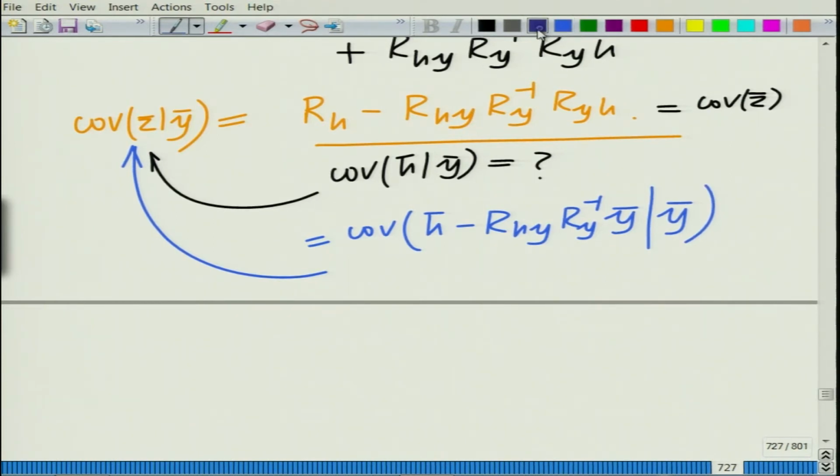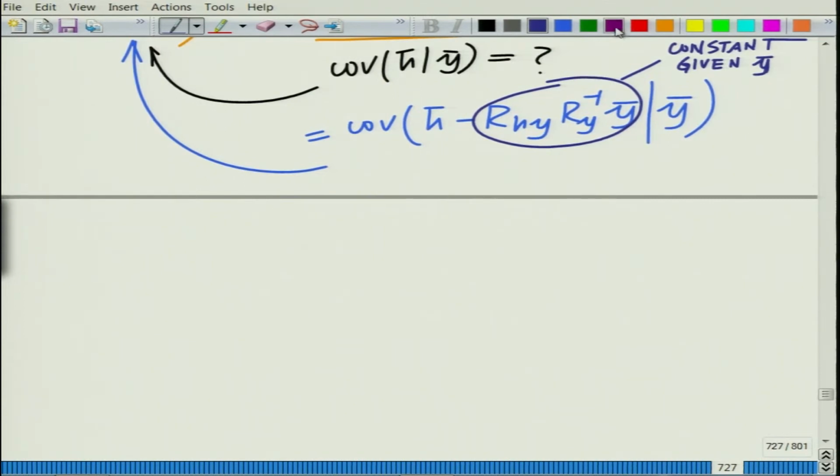But now look at this: given y bar, this quantity R_hy R_y inverse y bar is a constant.